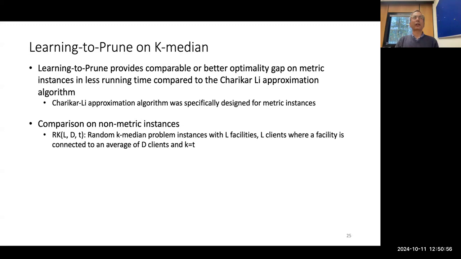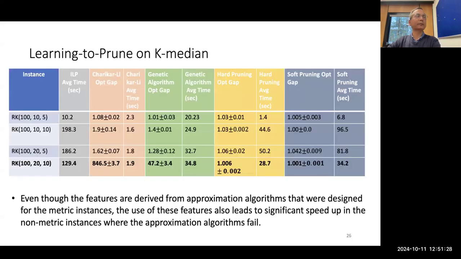And on these instances, we use some features that were also derived from this approximation algorithm. So then we found that this learning to prune approach could provide comparable or better optimality gap on these metric instances. But what was more interesting was the comparison on the non-metric instances. So we took some random k-median problem instances with a certain number of facilities and clients.